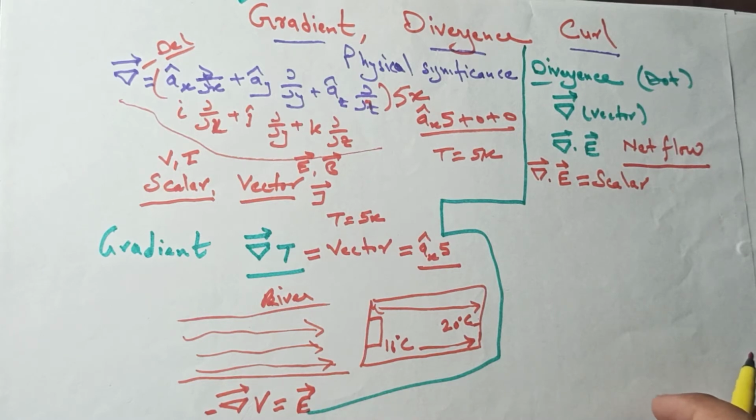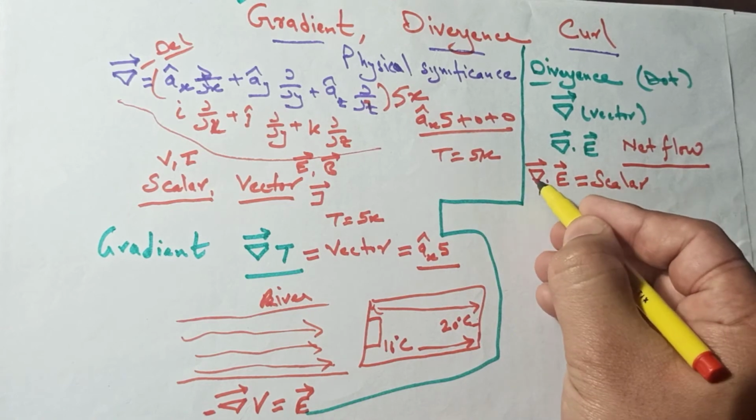The output will be a scalar because in dot products, if you multiply a unit vector with the same unit vector, that will give you the value 1. So these unit vectors will cancel out. Let's take a simple example. We know what del is.